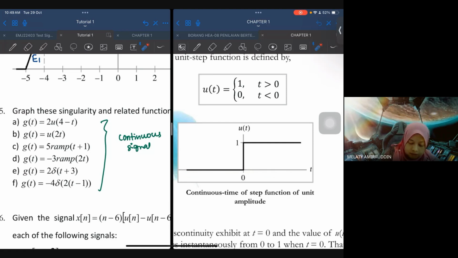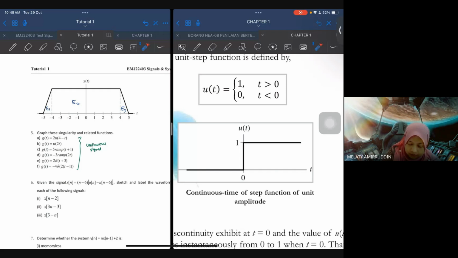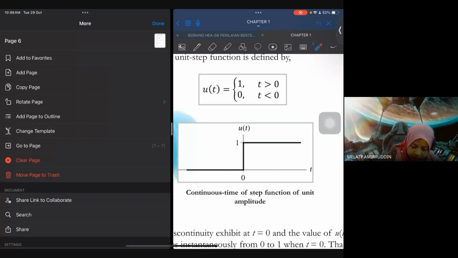From this signal, if we wait, I will draw it for you.